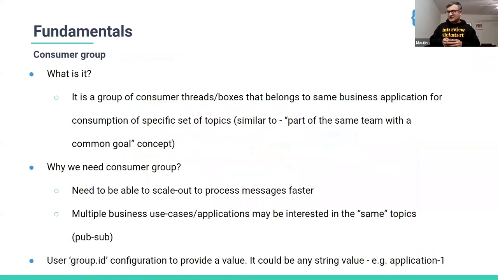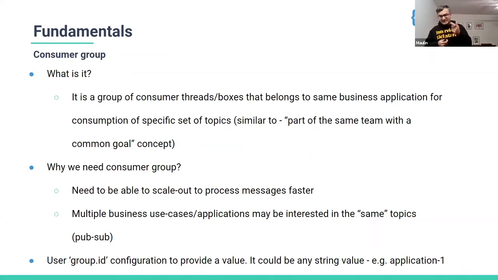Now, as with any practical application, you would expect that you should be able to scale out your application on the consumer side to increase the processing throughput. And when you want to do that, how are you going to make sure that Kafka sees all of those boxes under one application as one logical consumer? That is done using consumer groups.